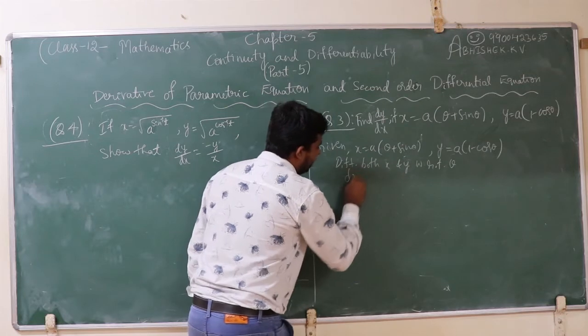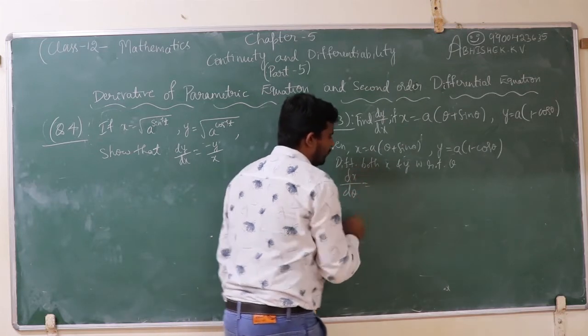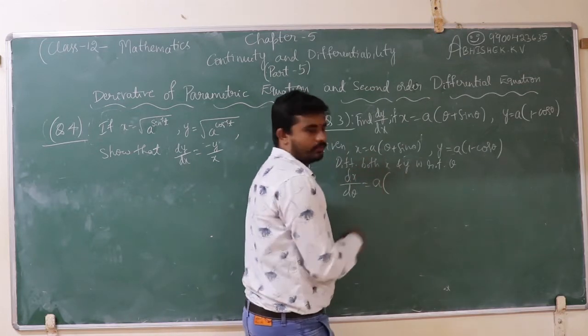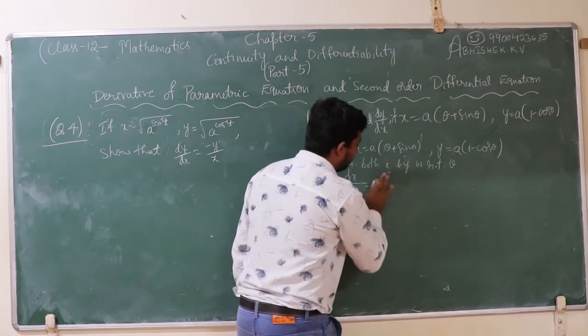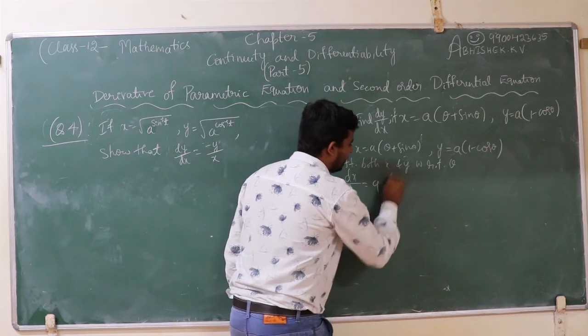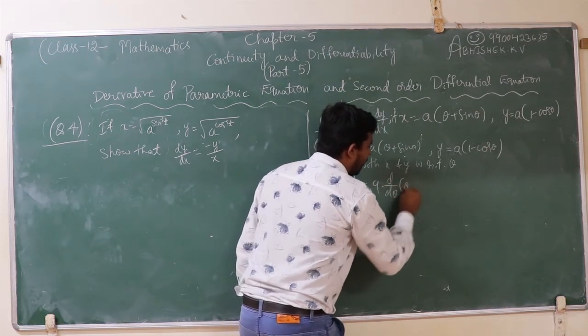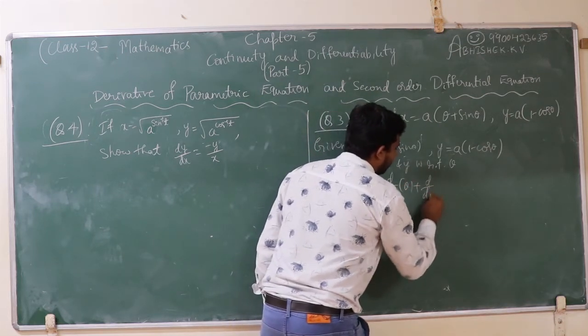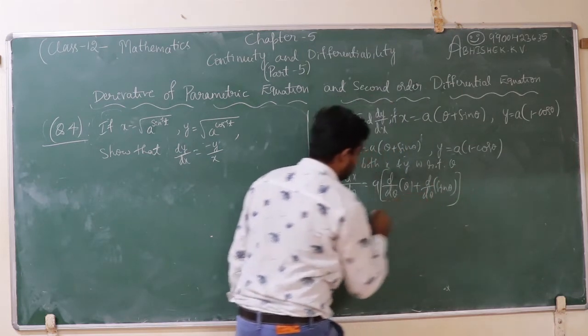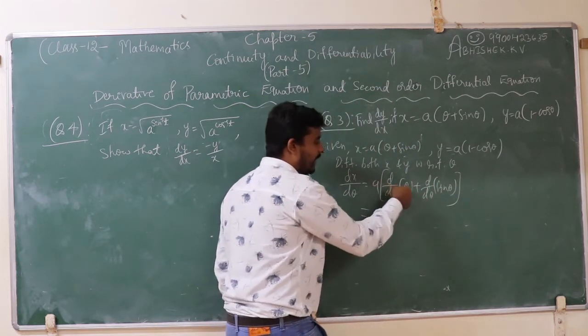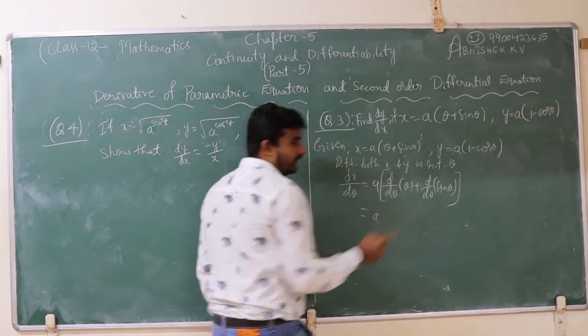Then dx by d theta is equal to a into, what is theta? 1. See, why? We need to differentiate. A is a constant, take it outside. d by d theta of theta plus d by d theta of sin theta. This is equal to a into d by d theta of theta.